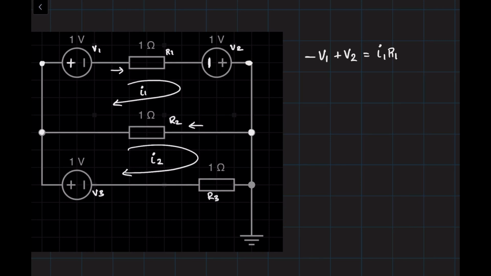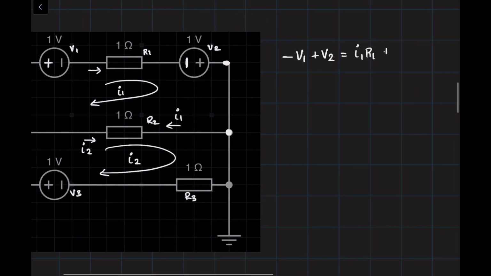One is I1 in the clockwise direction through loop 1, and the other is I2 flowing in the clockwise direction through loop 2. And since we are writing the equation for loop 1, you have to give importance to I1. So how will you write? You can write plus I1 minus I2 into R2. Understood? This is how you should write the equation for loop 1.